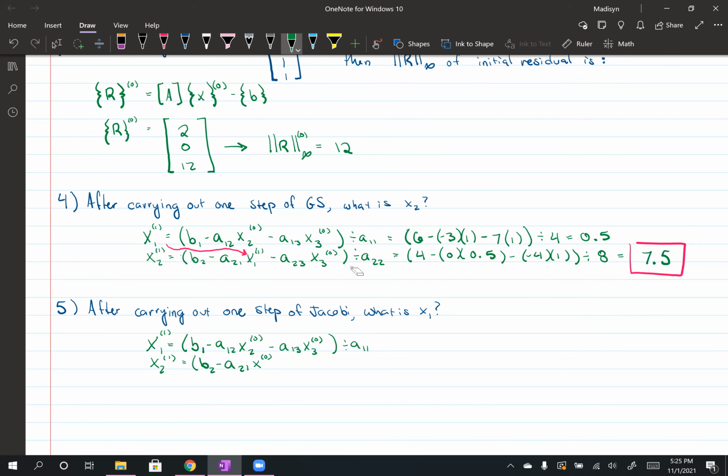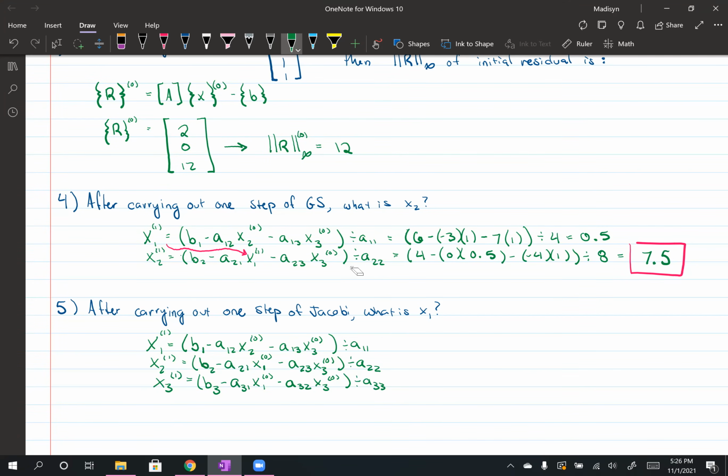Minus a23 times x3 of 0, divided by a22. And then x3 would be b3 minus a31 times x1 of 0, minus a32 times x2 of 0, divided by a33.